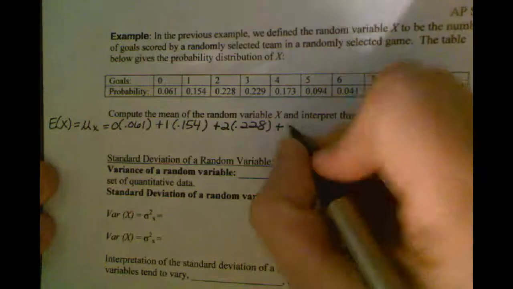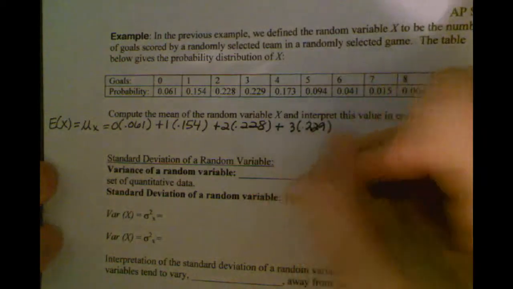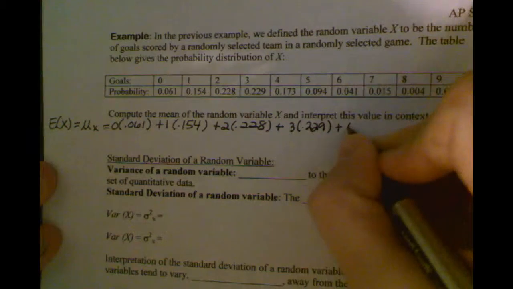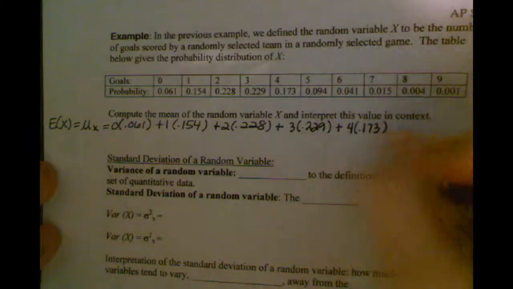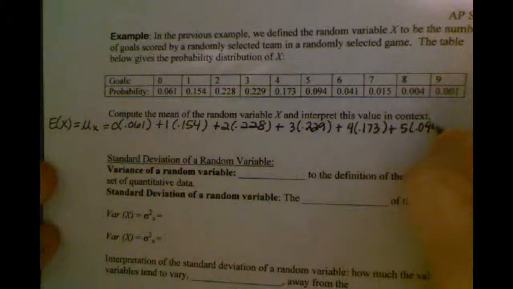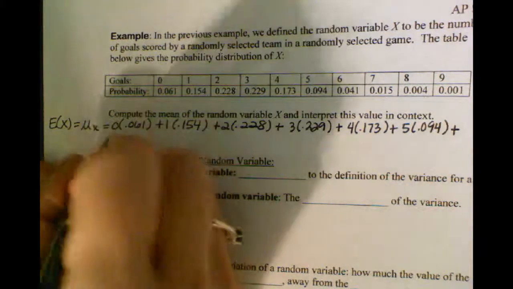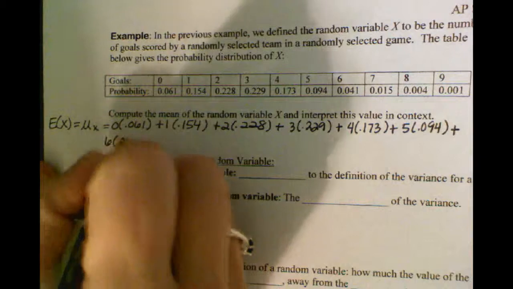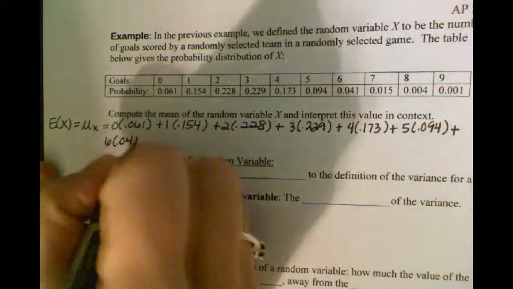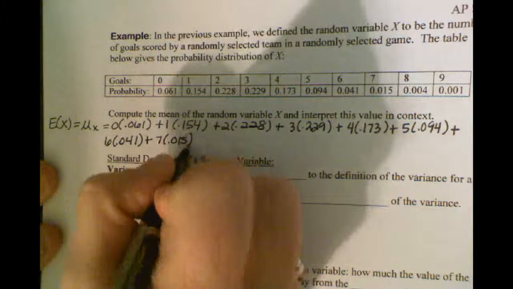As you might expect, even if you did all this work in your calculator, if this is a free response question, you still want to write all of this out. However, on a free response question, they probably wouldn't give you a distribution that is quite this big to write all of this out.